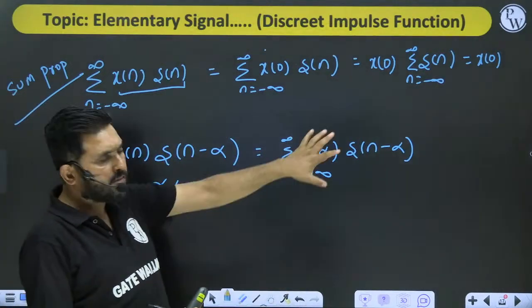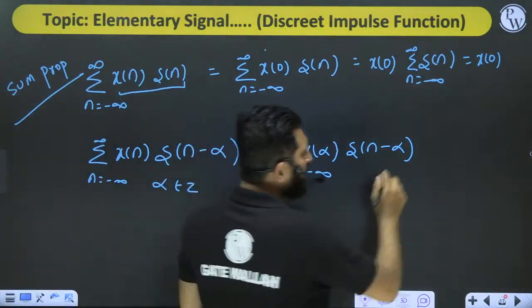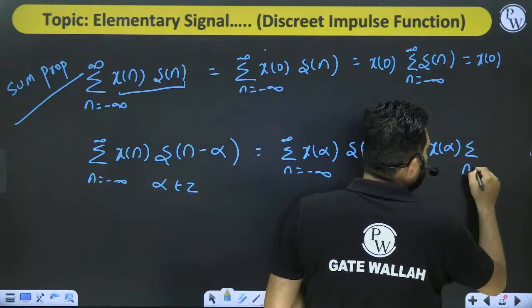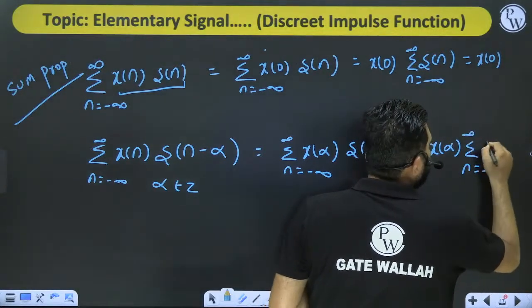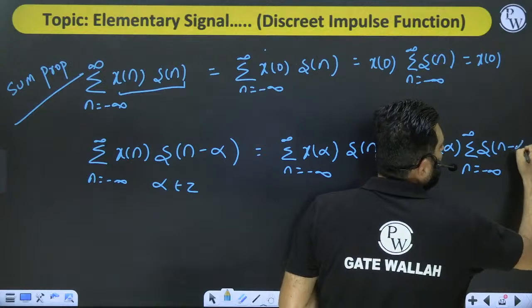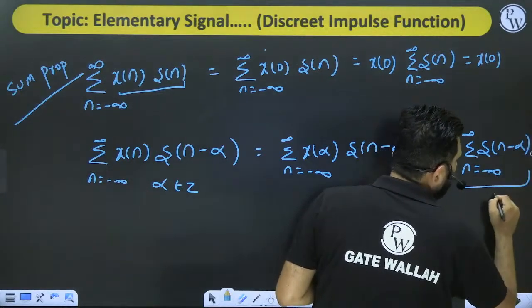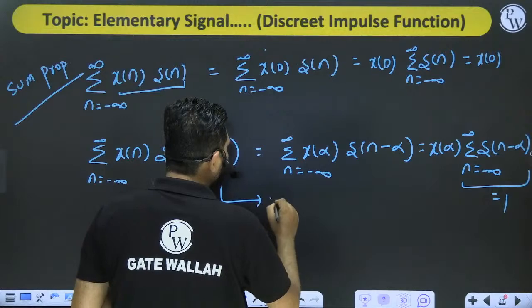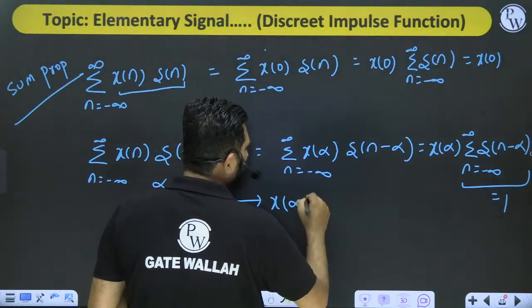Again x alpha is outside the summation, so it is x alpha times summation of delta n minus alpha. This is again equal to 1, and hence this value is x alpha.